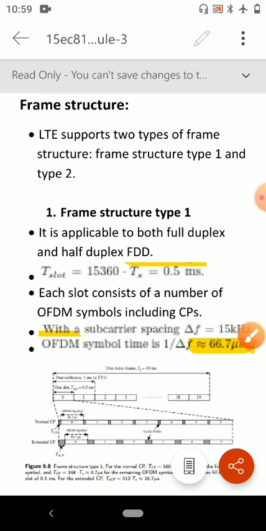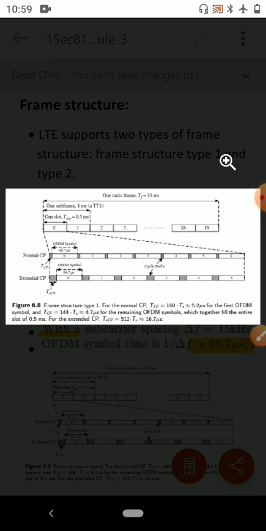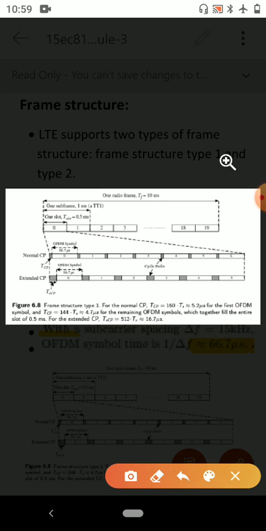Frame structure type 1 is applicable to both full duplex and half duplex FDD. There are three different kinds of units specified for this frame structure, as illustrated in this figure. The smallest one is called a slot, which is of length 0.5 millisecond.